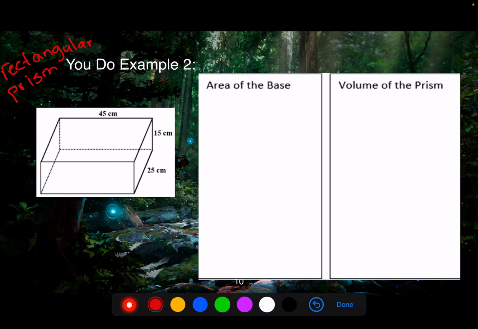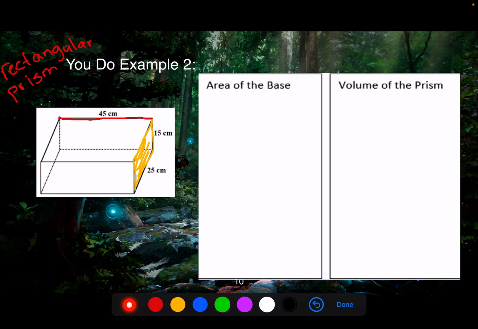Okay, so your base, and then you have your height.